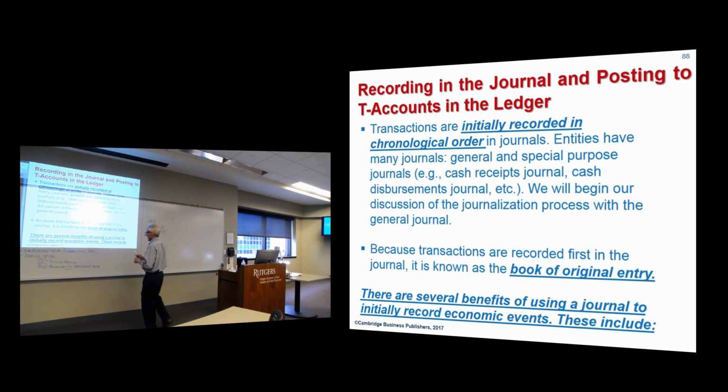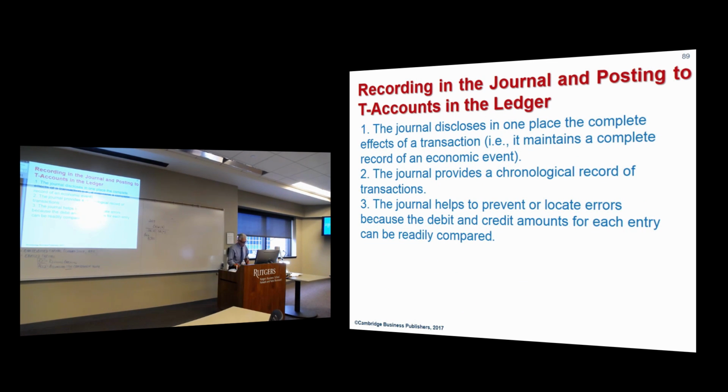So the benefits of going in this order, or using the journal first, by using the book of original entry, initial recording in the journal, as I said, it keeps the transaction intact, it is in chronological order, and it helps you to locate errors.